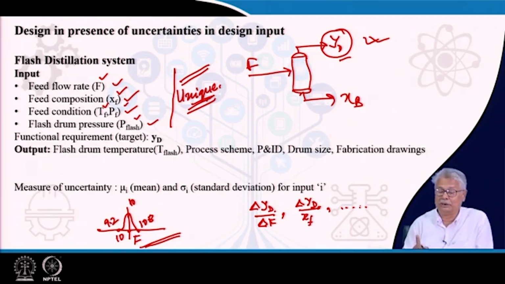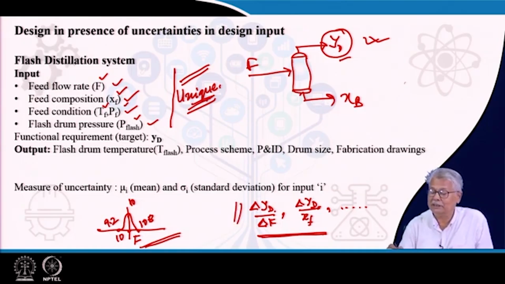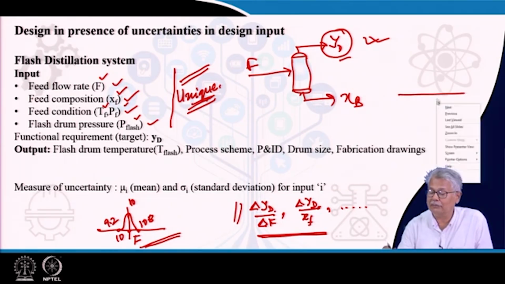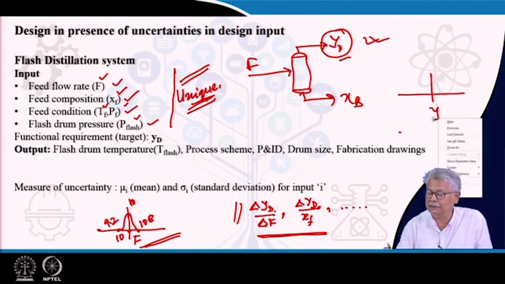But if you are finding that all these changes are not much affecting your YD, what you expect to get is a YD which will have a distribution something like this. This basically is your YD.